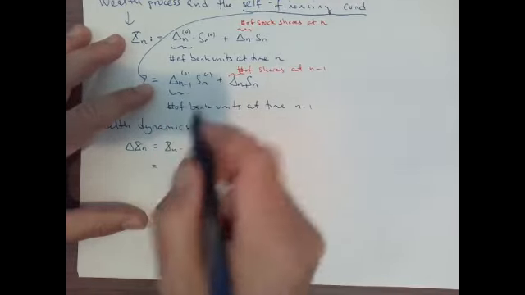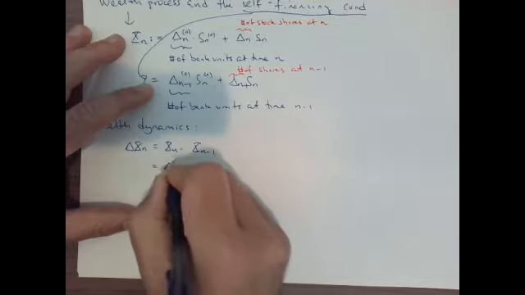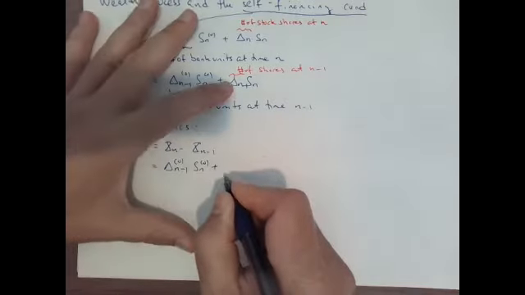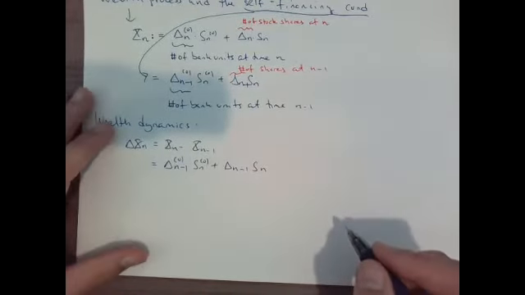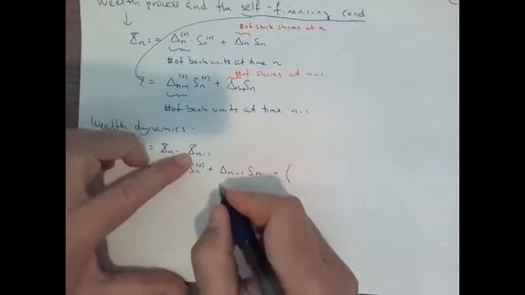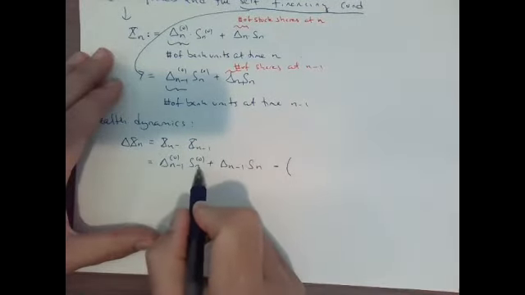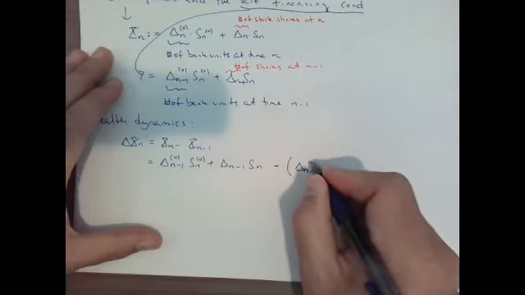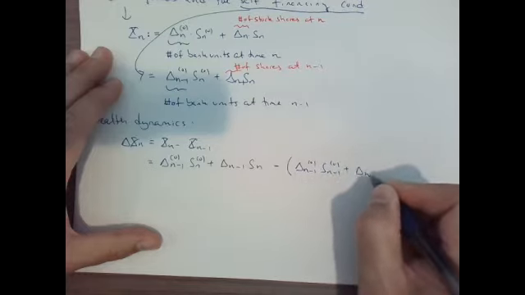I'll plug in the first one into this formula. So this would be delta n minus 1 is 0 times Sn 0 plus delta n minus 1 is n. That was my x. And then I'll have a minus, and then I'll use the definition of the wealth process at time n minus 1. This is quite similar. The only difference is instead of n's here, I'll have n minus 1s. This is delta n minus 1 is n minus 1 plus delta n minus 1.